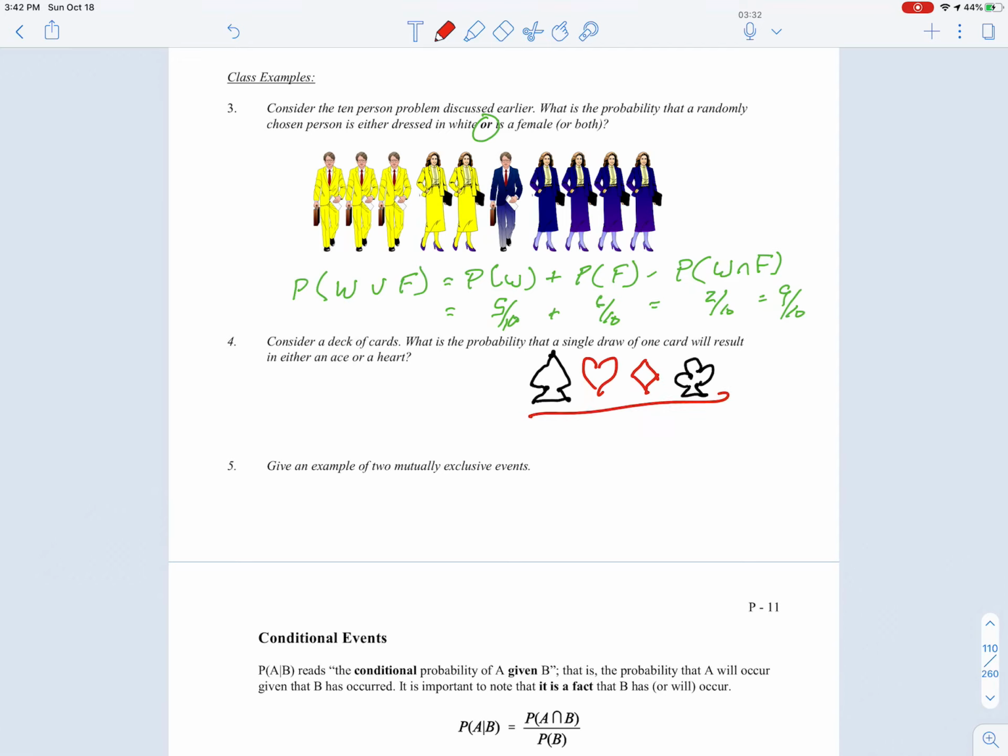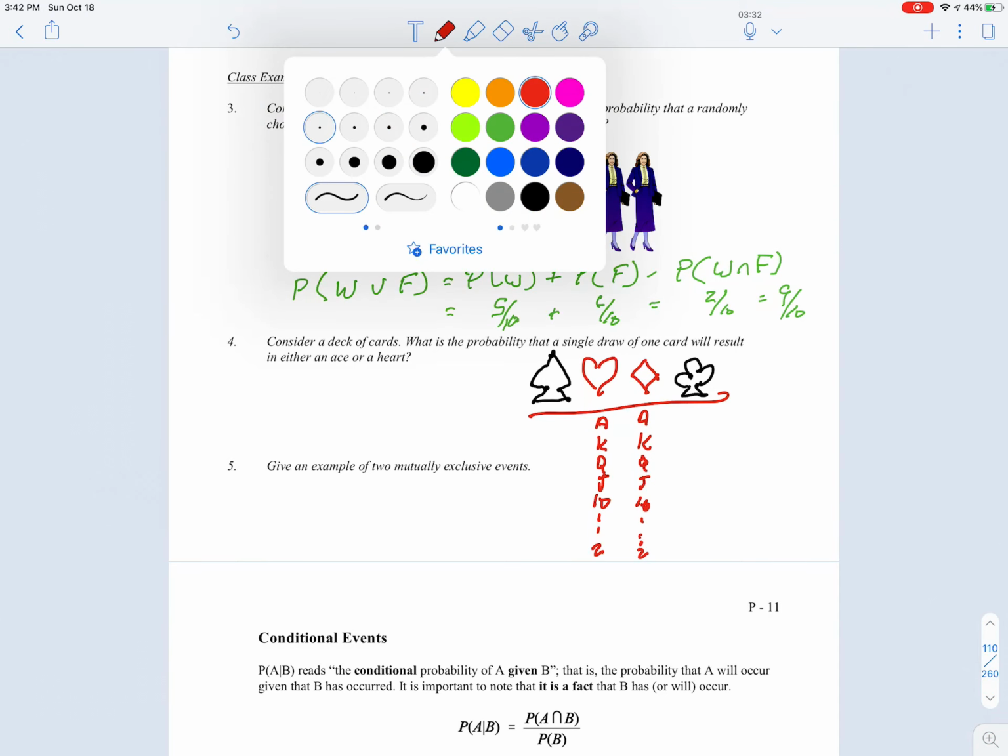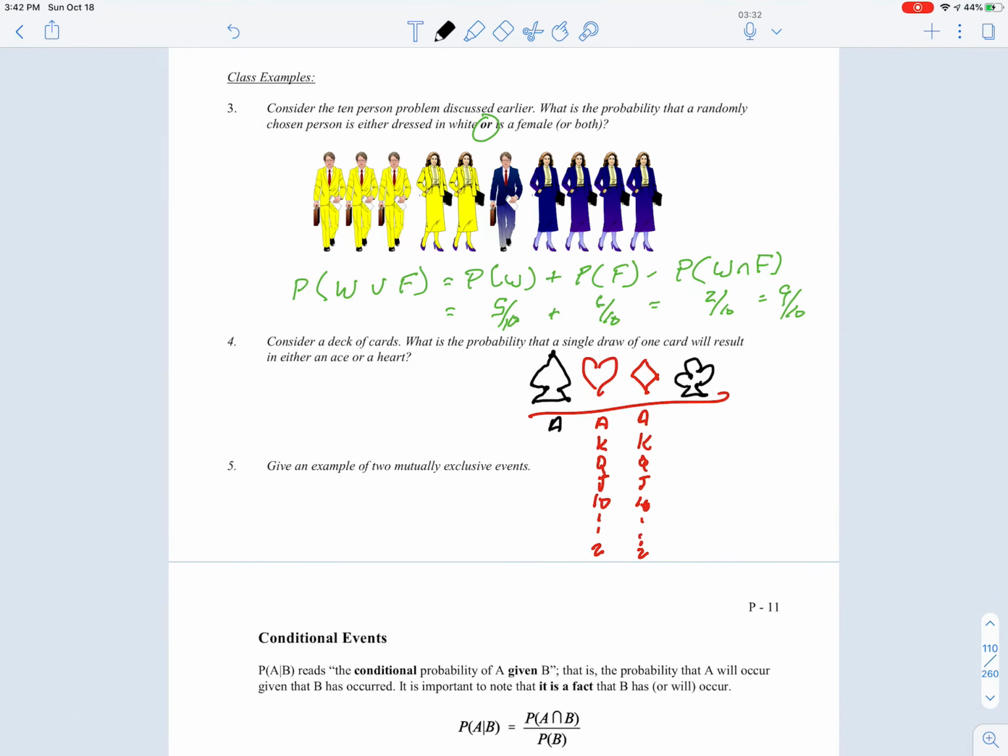And what we've got here then is, in each case, an ace, a king, a queen, a jack, and a 10, and then all the way down to a 2. I'm kind of showing it with bridge or whist, or poker. So that makes 52 cards.